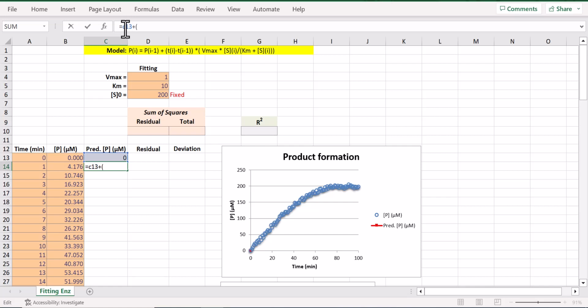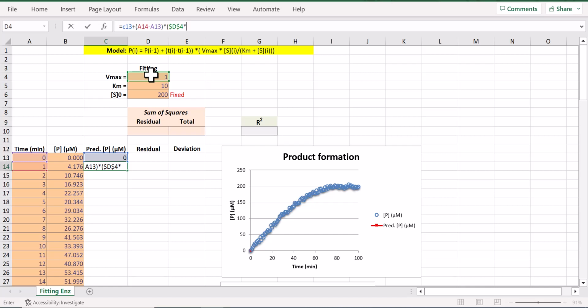So the time interval is A14 minus A13, and the instantaneous rate is given by the Michaelis-Menten equation, Vmax, so that's D4, let's make that absolute, times the substrate concentration.